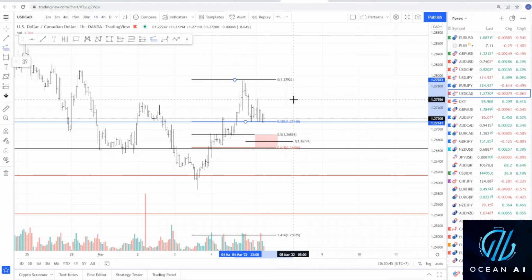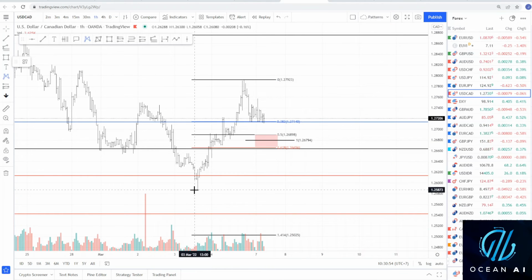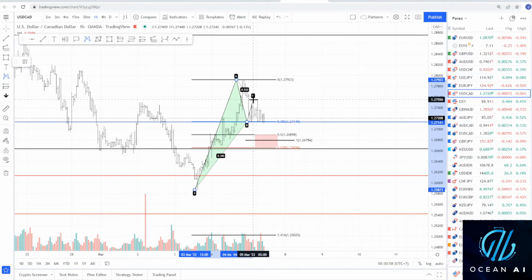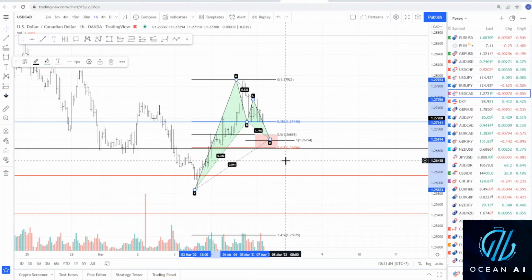That would be A, B, C, D down into here, that 126.80. That will give us that Gartley down to buy. Wouldn't need to risk much there, but when it gets down there closer, I'll put out a trade alert and we'll see if we can get this one.